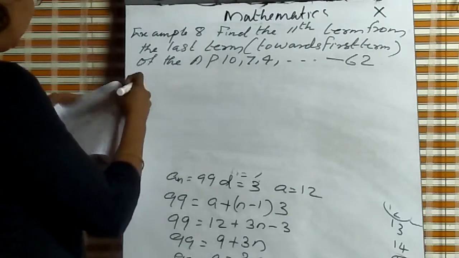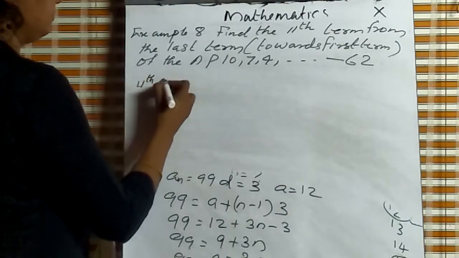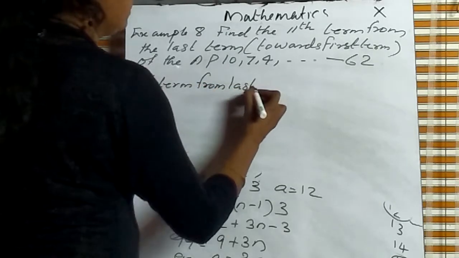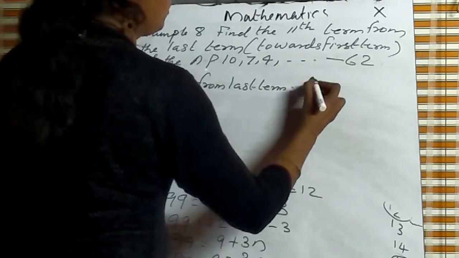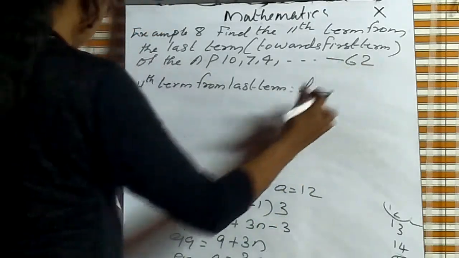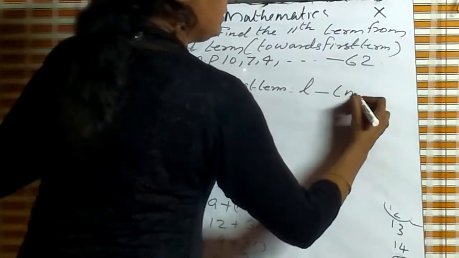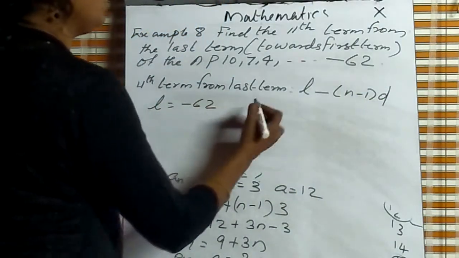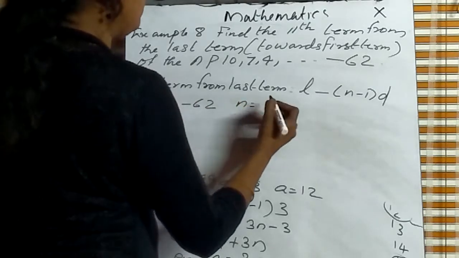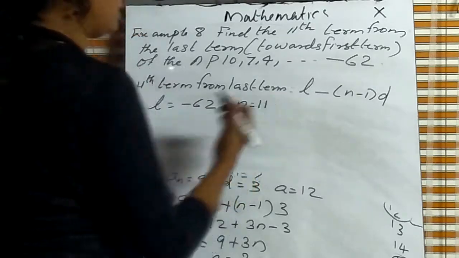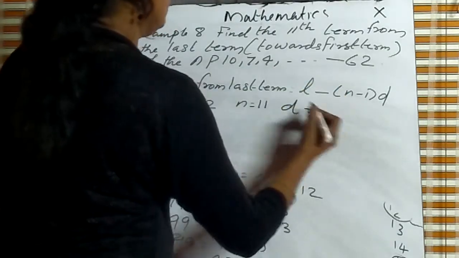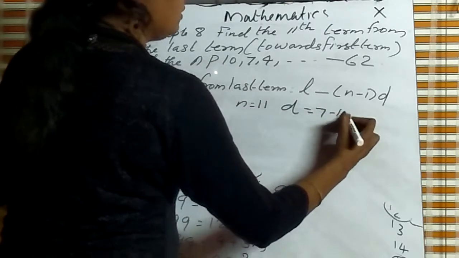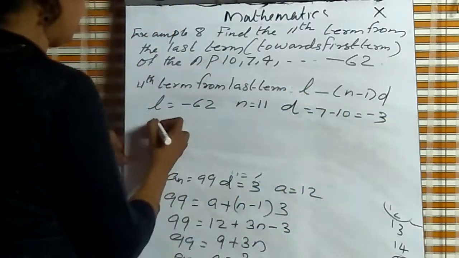Here we use the formula for the 11th term from the last term. We use a general formula: L, meaning last term, minus n minus 1 into D. What is L? L is equal to minus 62. We have n equal to 11. And what is D? 10, 7, 4: 7 minus 10 is equal to minus 3. Substitute the values.